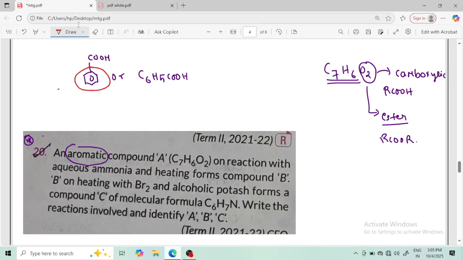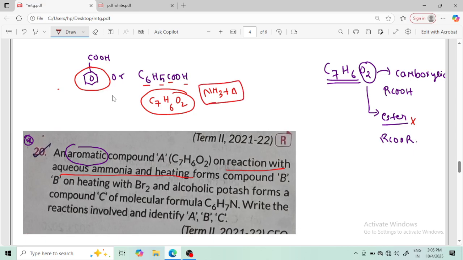If I combine them, 6 and 1 carbon gives 7 carbons, hydrogen 5 and 1 gives 6, and O2, so it's definitely matching, right? Now you will ask, sir, why is the ester not possible? Let's read the question. On reaction with aqueous ammonia and heating, that means it is reacting with NH3 and heat. NH3 and heat is definitely a carboxylic acid that will give you an amide. Yes or no? Right?